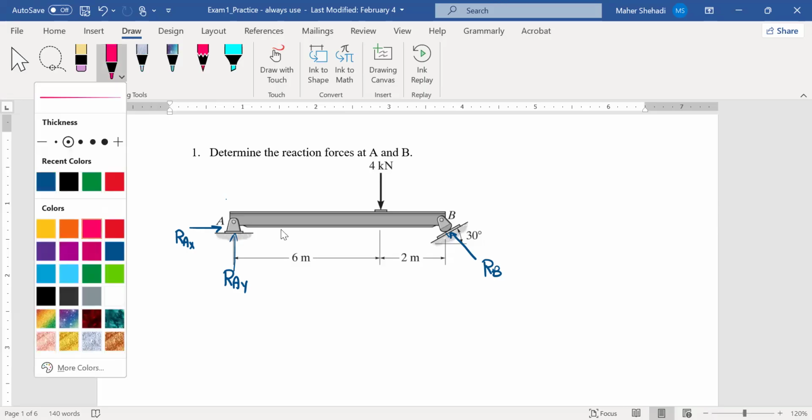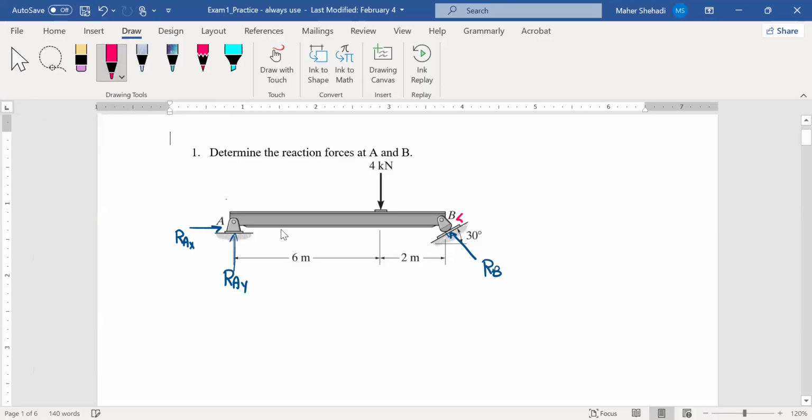components. Based on what I have here, I'm going to have RBX and RBY. As you can see, I'm going to have RBX due to RB being in that inclined direction, and it's not equal to 0.